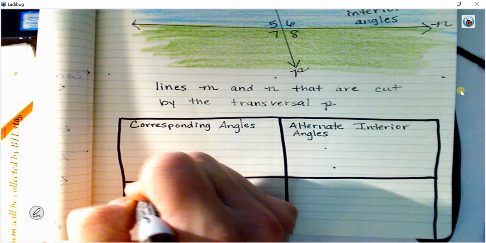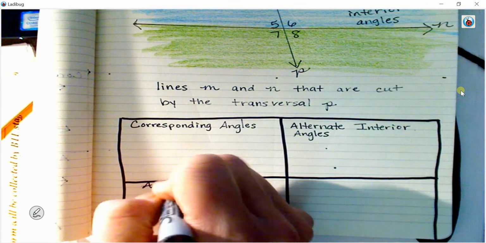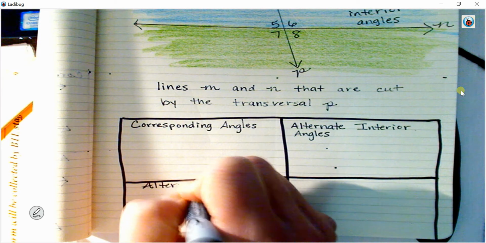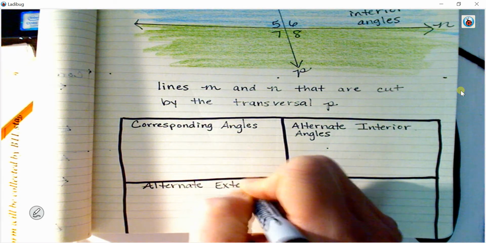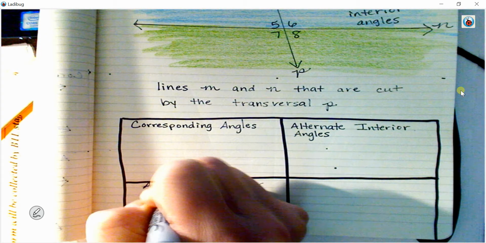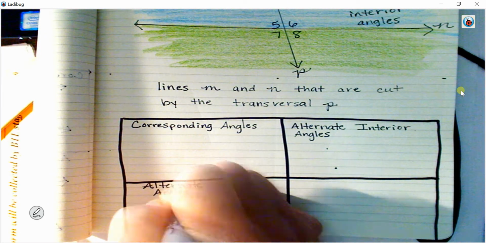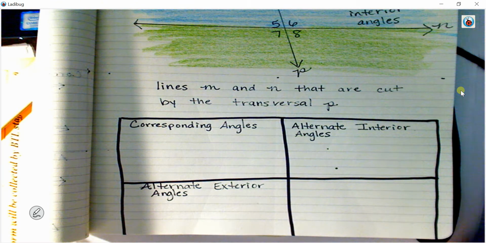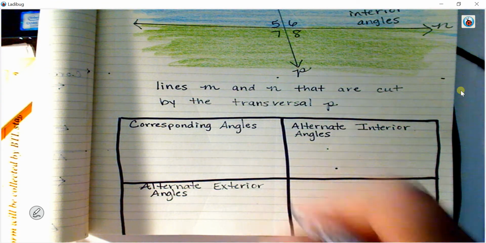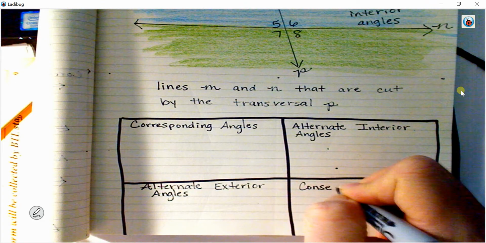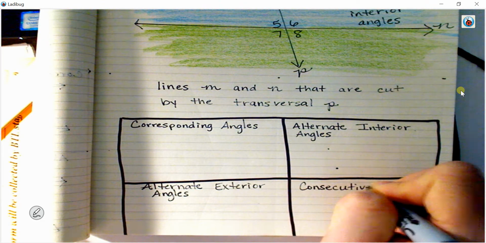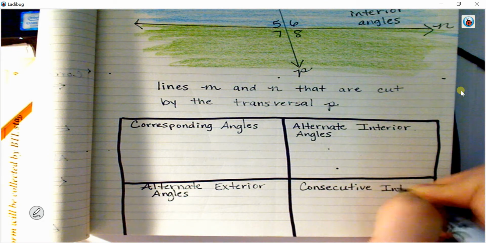Another set called alternate exterior angles. And a final set called consecutive interior angles.